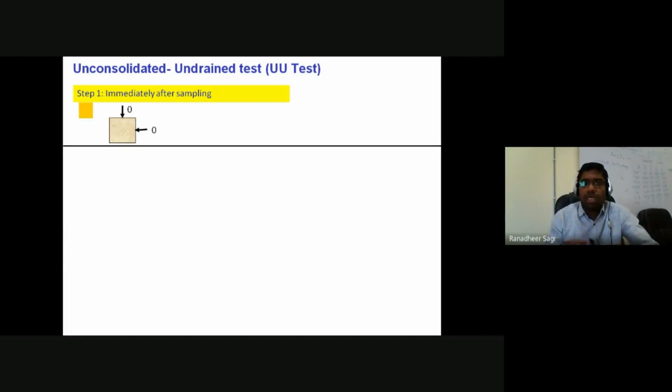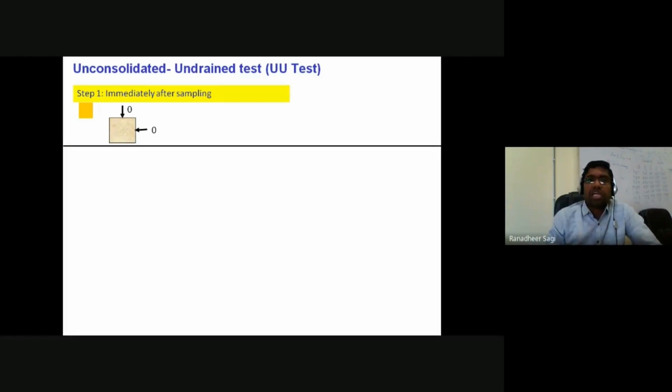Once the load was removed from the soil, when it was taken out from the ground, from whatever depth you are taking out the soil sample in undisturbed state, the load which was earlier acting on that soil sample is now released, because of which a slight increase in volume might have happened.